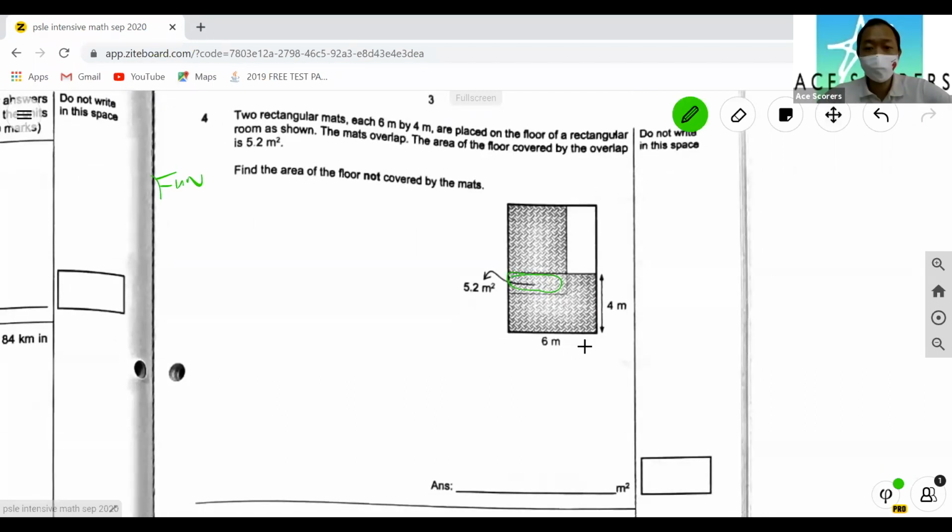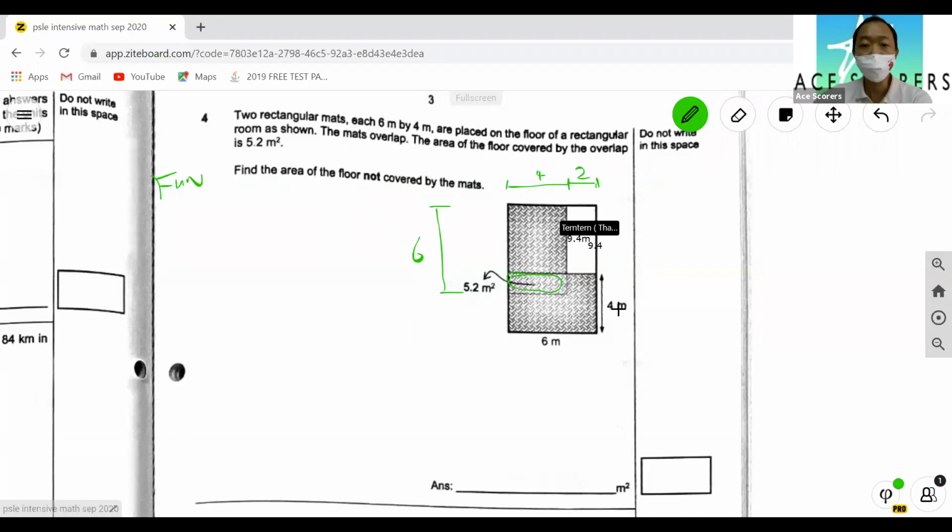This is 6, this is 4. So this thing here to here is also 6, and here to here is 4. Now if here to here is 4, what is this little bit? 2. Here is 2.